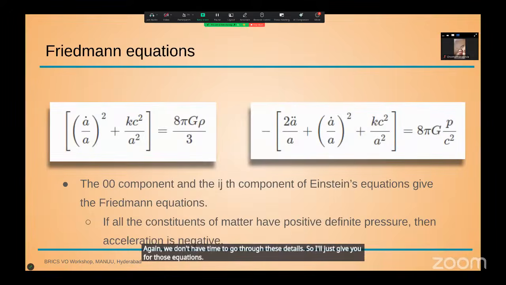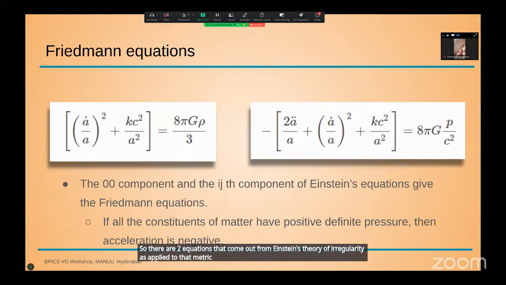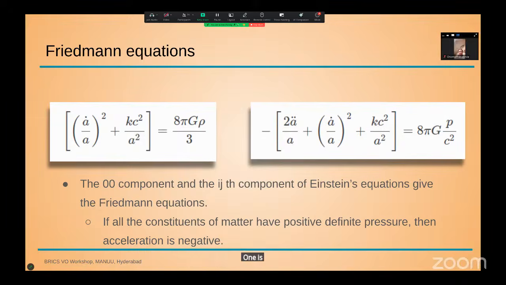So there are two equations that come out from Einstein's theory of relativity as applied to that metric, the length element that we talked about. If you take that metric and you apply GR, then you get these two different equations. One is an equation for the velocity, and the other is an equation for the acceleration. So how is the scale factor as a function of time?